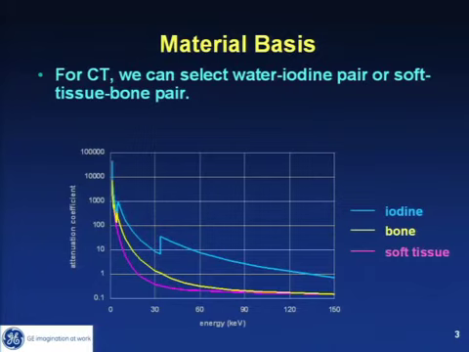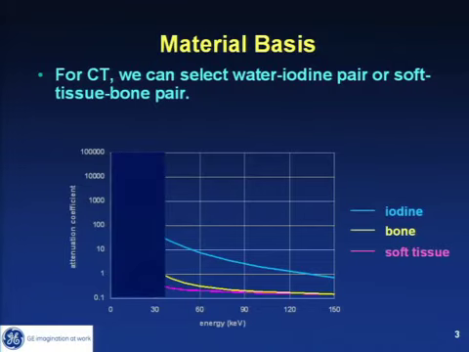But if we ignore the low X-ray energy range, that means all the X-ray above the K-edge of iodine, you can see that the three curves are pretty much similar. As a matter of fact, you can show mathematically that you can use this kind of best fit to use water and iodine to map out the bone attenuation coefficient. So this is an intuitive explanation of why you can use two materials to represent the third.